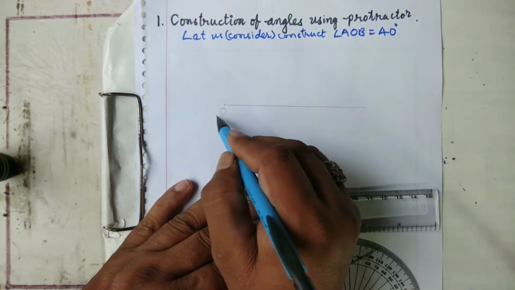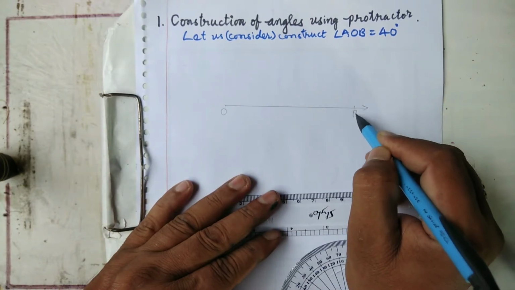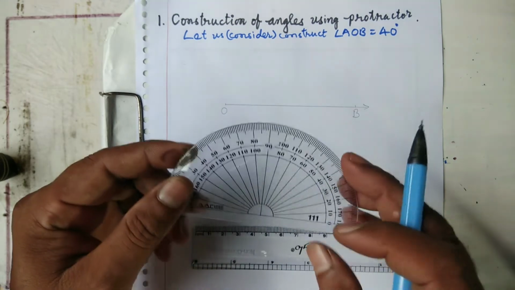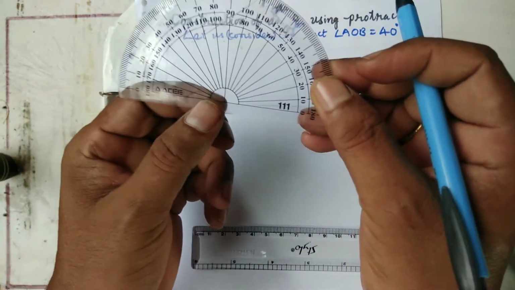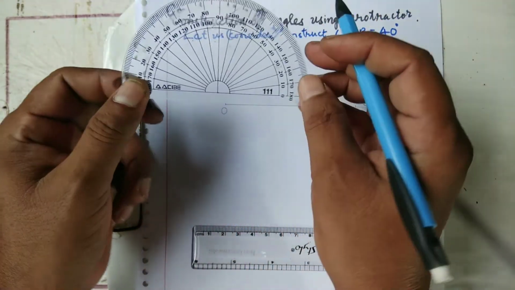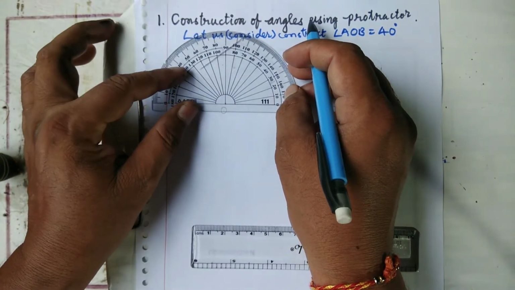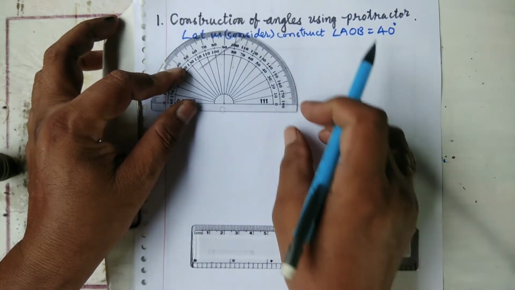Draw a ray OB. Now the center of a protractor is placed at O and the line aligned with the OB.